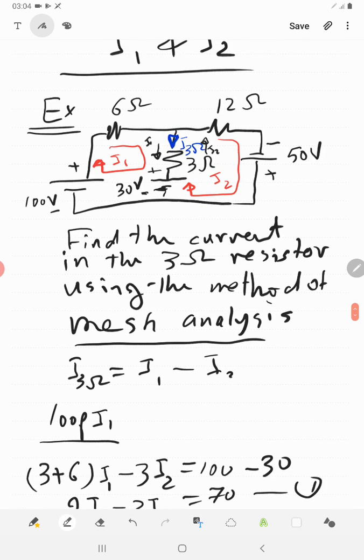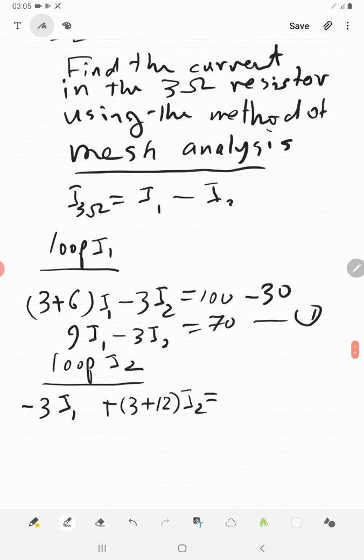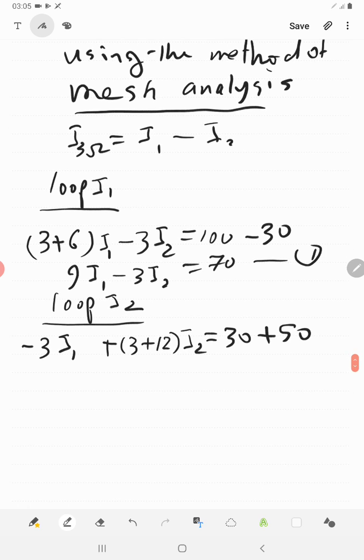Now we have 2 voltage sources. The 30 volts and the 50 volts are also in the same direction. So we don't say minus 50, we say plus 50 because they are in the same direction. So this will be minus 3 I1 plus 15 I2 equal 80, and this is equation 2.